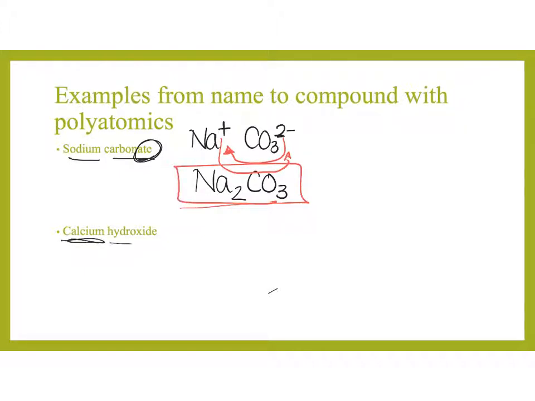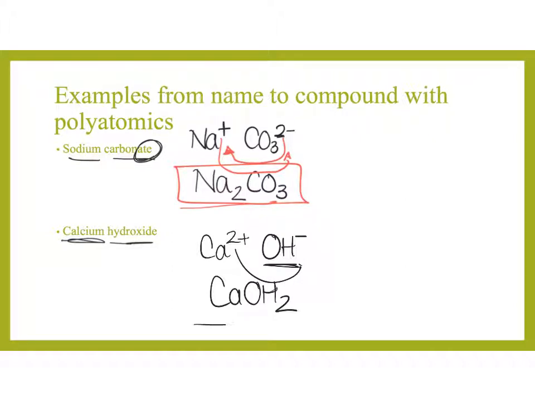Okay, next one is calcium hydroxide. So calcium is 2 positive. Hydroxide ends in ide, but it's actually not on the regular periodic table of ions. You're going to have to look at the polyatomics to find hydroxide. Now when these 2 go together, you'll see that the 2 is going to go down here. I'm going to show you that you do not write it like this.